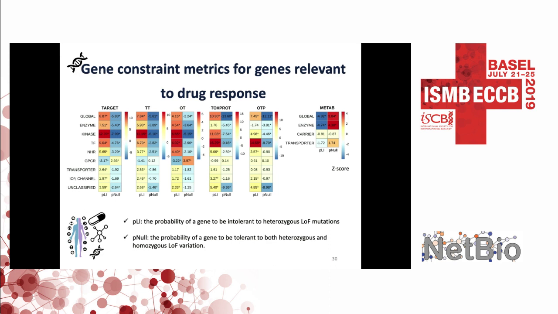So what we can see is that for the targets, the signal of intolerance to loss of function variation is really high for the kinases, and also for transcription factors and enzymes, and notably there is a class of target proteins, the GPCRs, that were more tolerant to loss of function variation. In the case of the ToxProt dataset, the signal was more relevant for transcription factors and also for kinases.